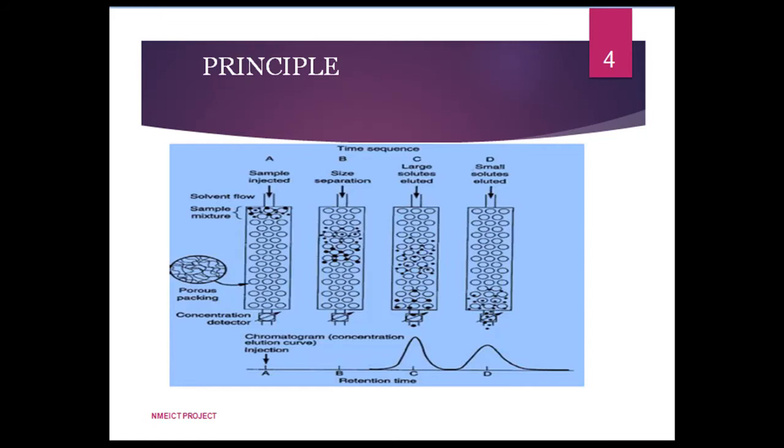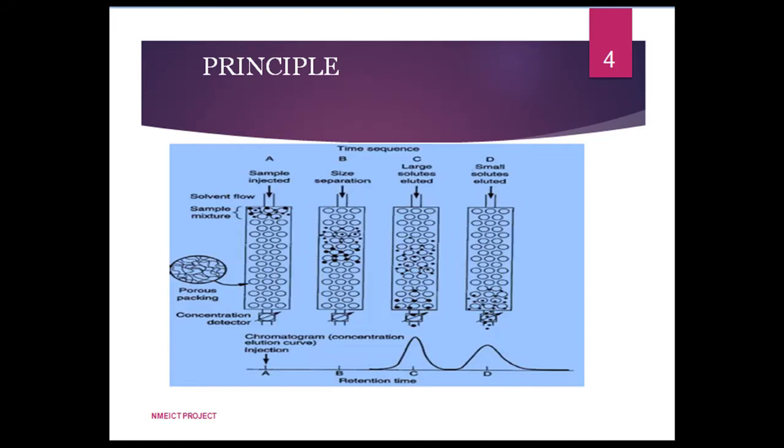For instance, in figure 1a, the sample is injected into a column equilibrated with mobile phase. The sample consists of 3 different types of molecules: larger size, intermediate size and smaller size. In figure 1b, separation will occur and the larger molecule will move faster through the column.